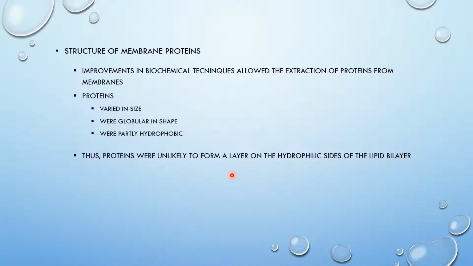This means the proteins probably weren't arranged in a layer outside of the phospholipids, because hydrophobic parts wouldn't want to come into contact with the outside aqueous environment. Thus, proteins were unlikely to form a layer on the hydrophilic sides of the lipid bilayer, which contradicts the Davson-Danielli model.